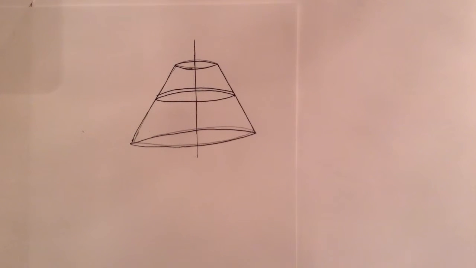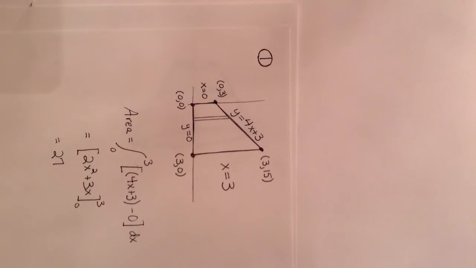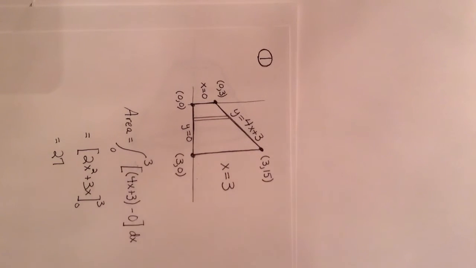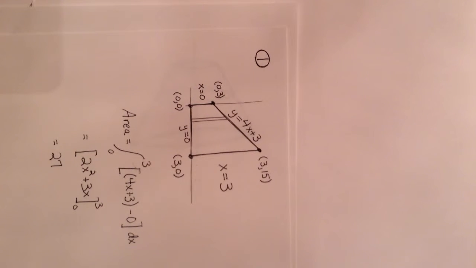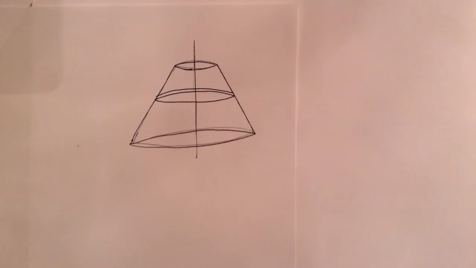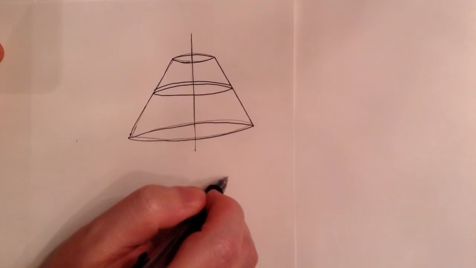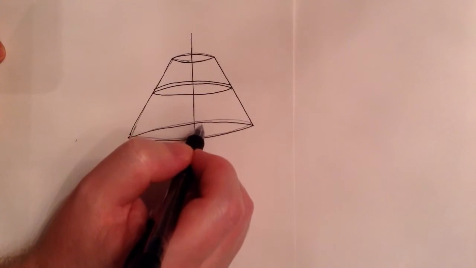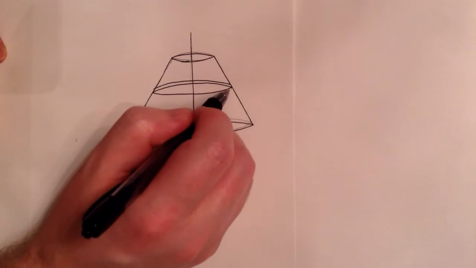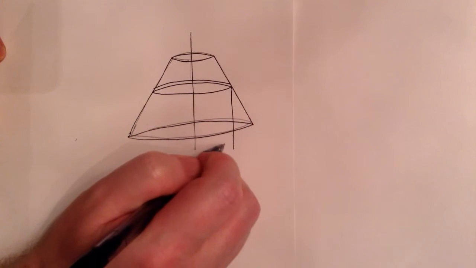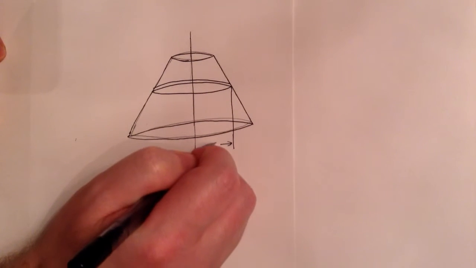Going back to our earlier figure, the quadrilateral perpetually touches the x-axis, and so we can rely upon using the method of disks. Now for the volume about the x-axis, if you notice, for the radius, what was the height of the quadrilateral? And again, that is going to be 4x plus 3.